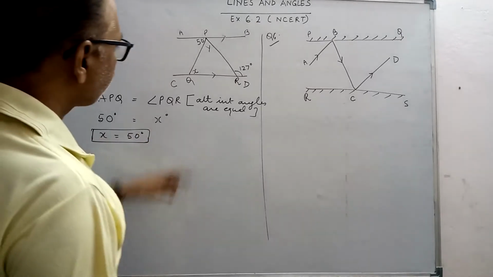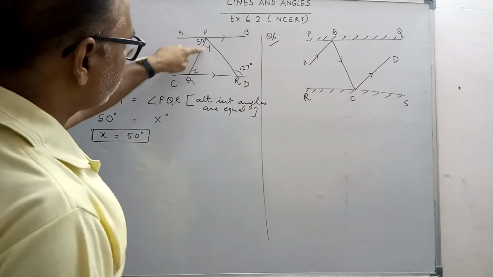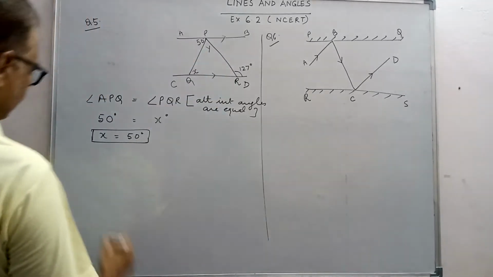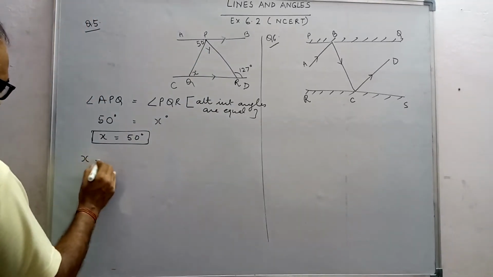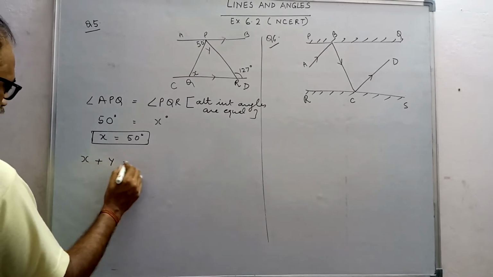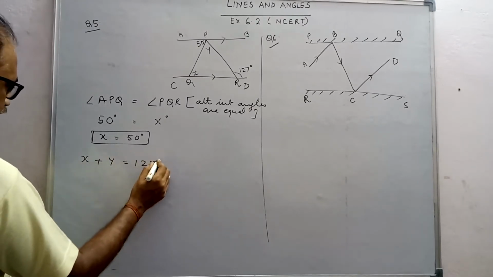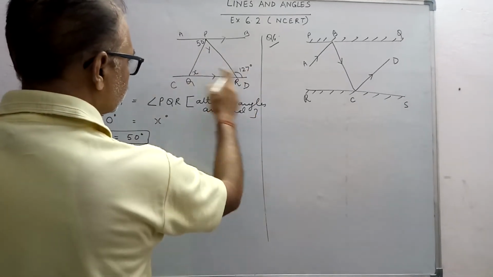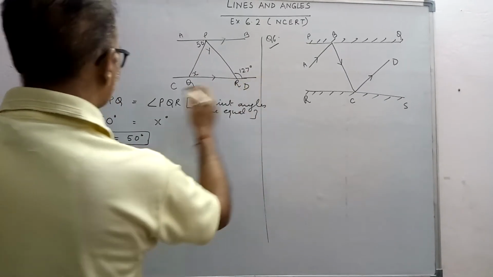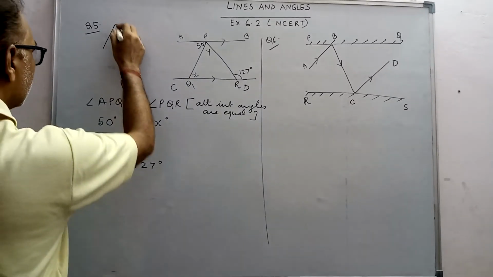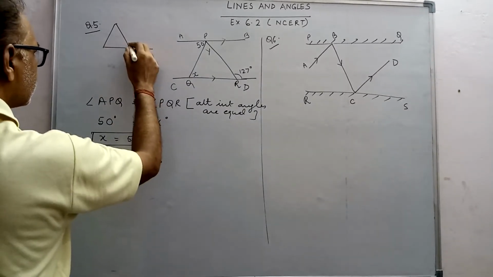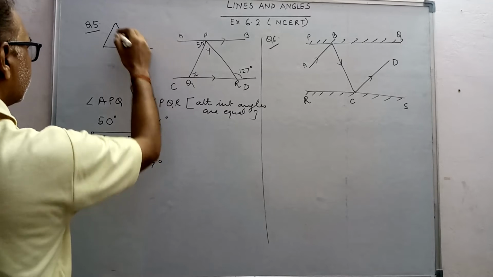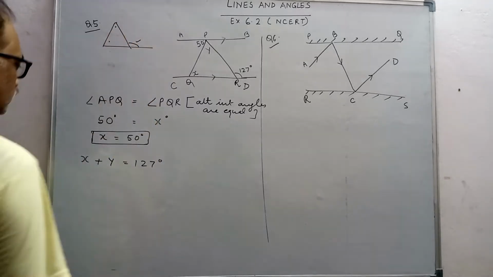Now again you see, X plus Y is equal to 127 degrees, because the exterior angle is equal to the sum of two opposite interior angles. This is the property of triangles. If there is a triangle, this is the exterior angle, so this exterior angle is equal to the sum of these two interior angles.